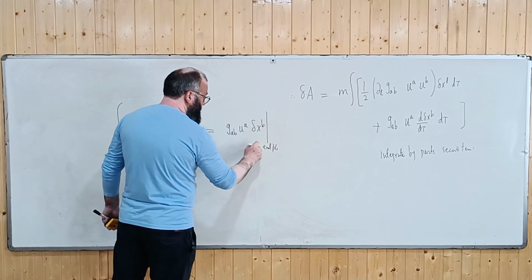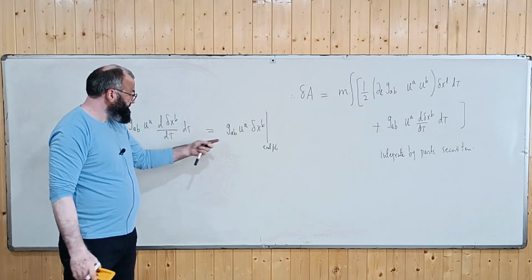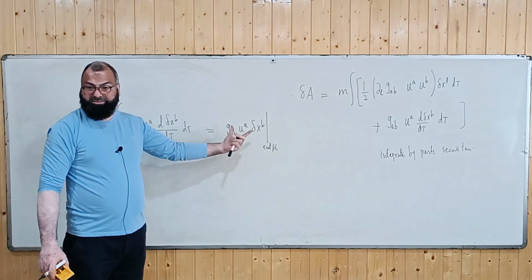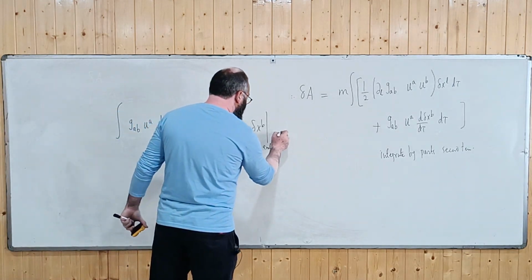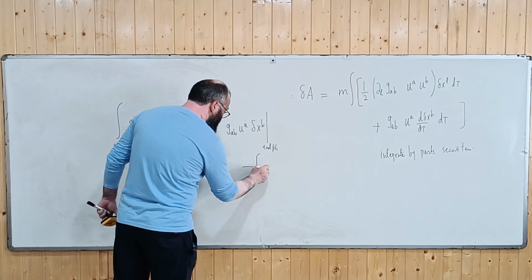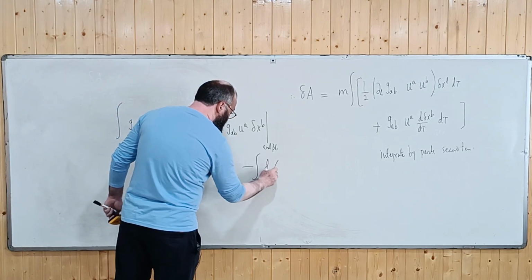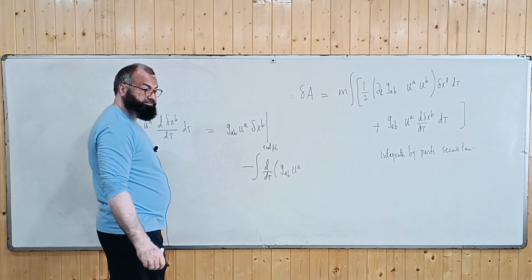Okay. So this is the element because you are integrating on this very part. So this object is evaluated where? At the endpoints. Understood? So then you are having minus integration, differentiation of the first. So it is d by d tau of GAB UA. Clear?